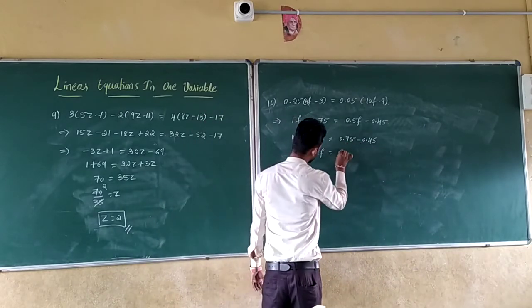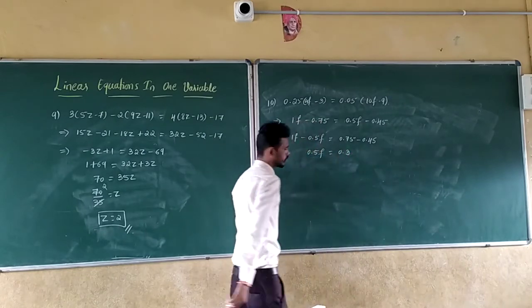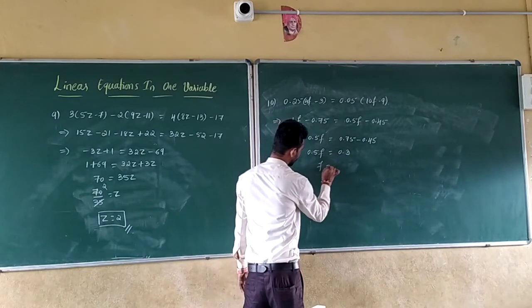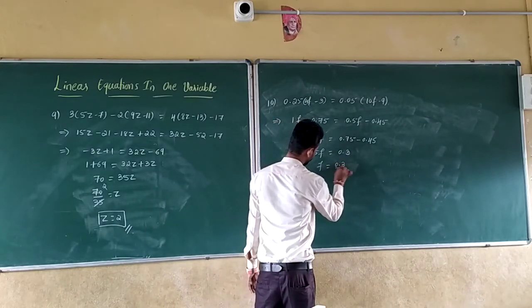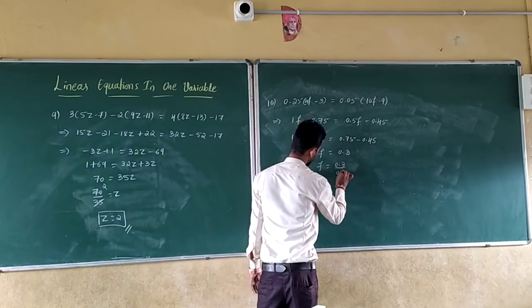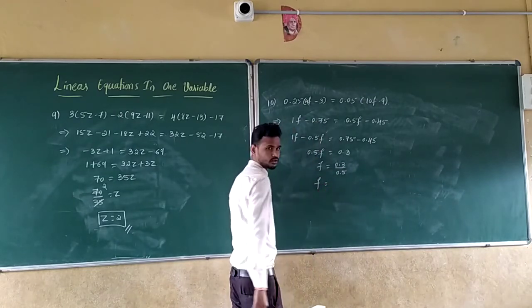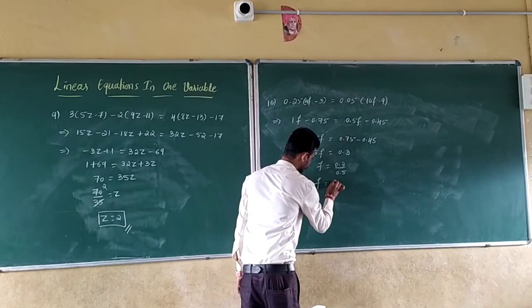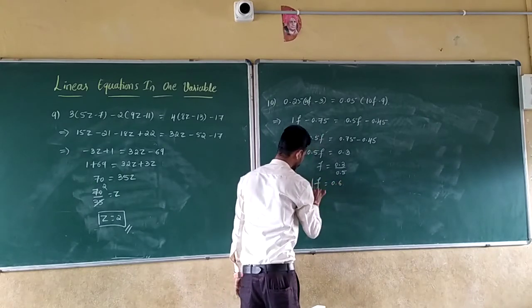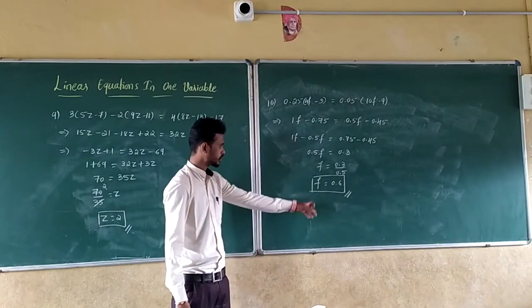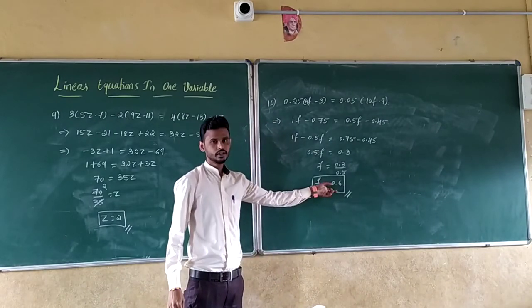How much you will get? 0.30 or 0.3. So therefore, f is equals to 0.3 divided by 0.5. So if you divide these two, you will get the answer as 0.6. So the answer of f is 0.6.